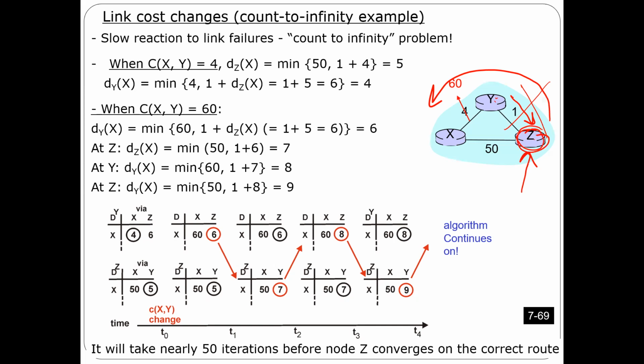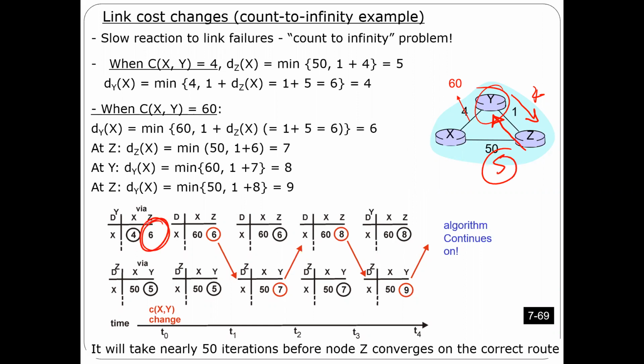let me tell you what the problem is. Y is going to tell me I have a route of 4 to X. So what should happen here? I should not tell Y I have a route to X which is 5, simply because I'm going to use Y. This is going to create a reverse path, right?